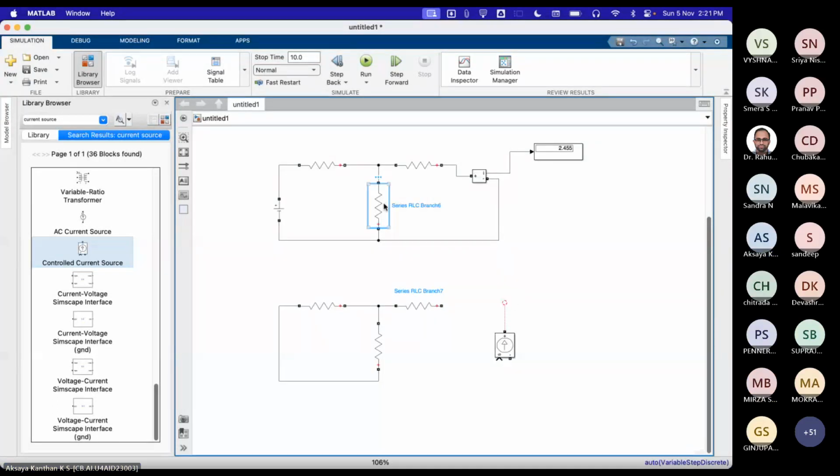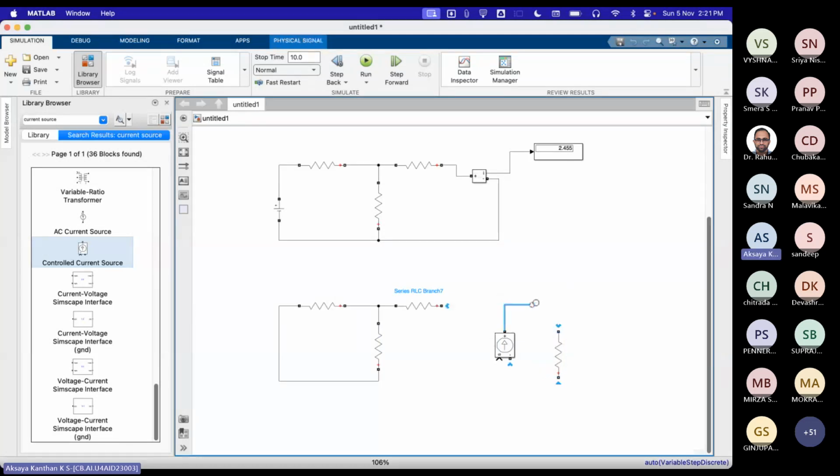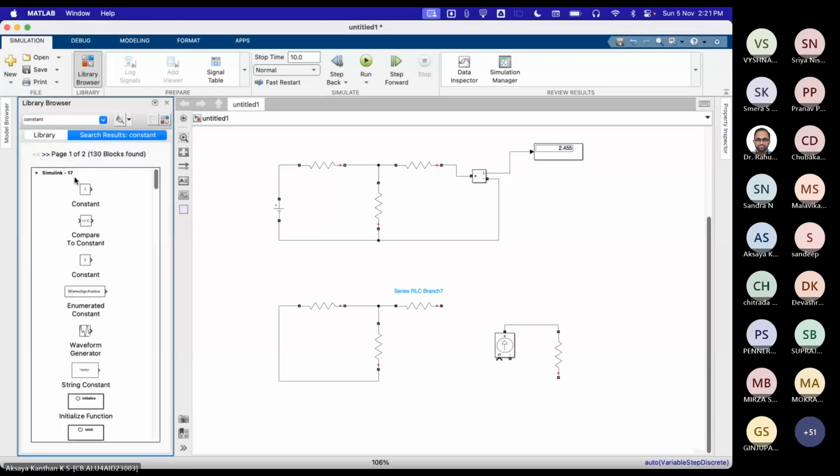So just duplicating it, and this resistance value is 2.2 ohms, and then just connected to the resistor. And then in order to produce current using the controlled current source, you need to add another constant block. So constant, just drag and drop it.